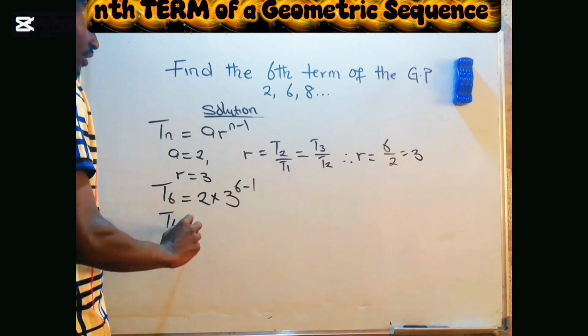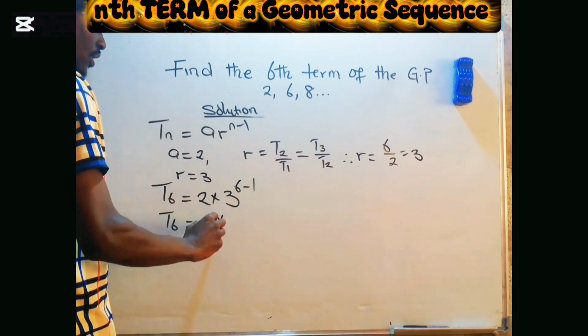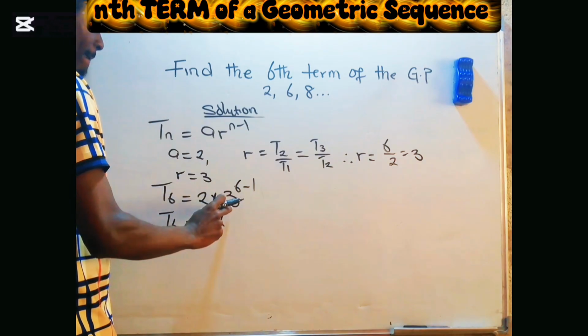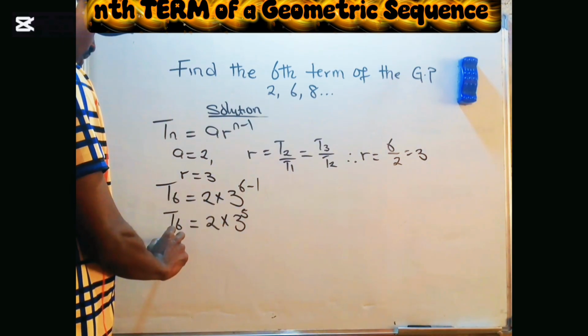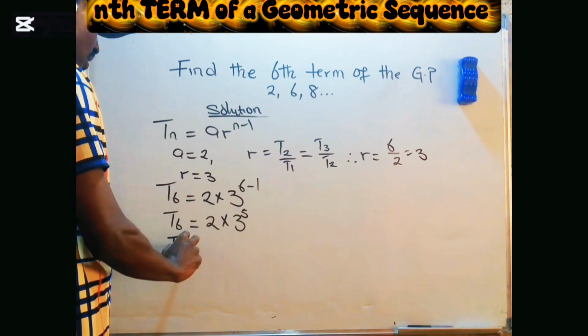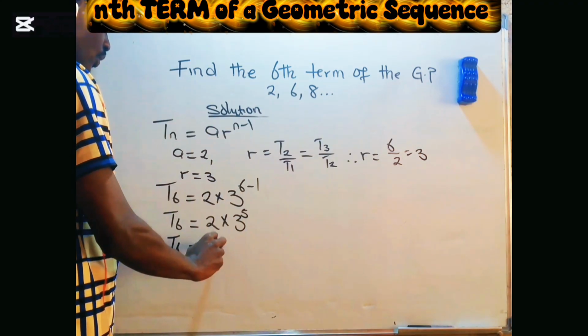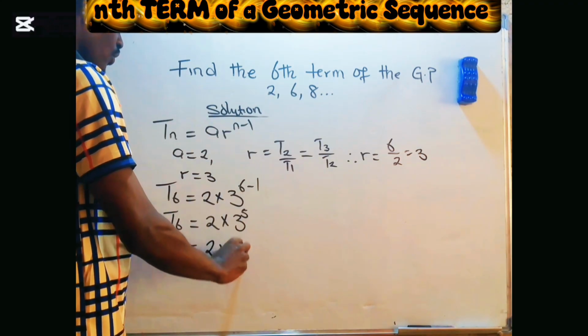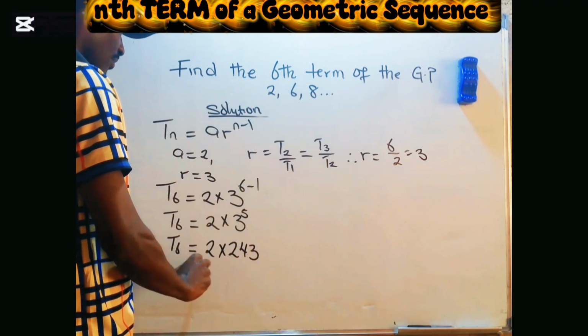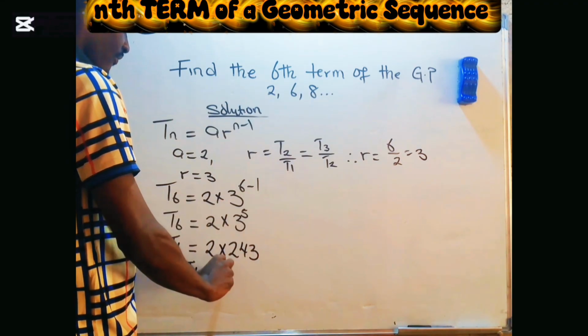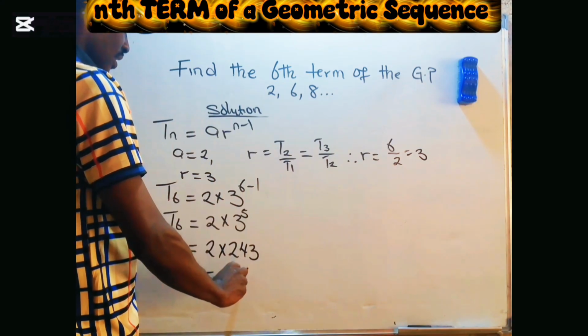T6 is equal to 2 times 3 to the power 5. So T6 is equal to 2 times 243. That makes the sixth term to be equal to 486.